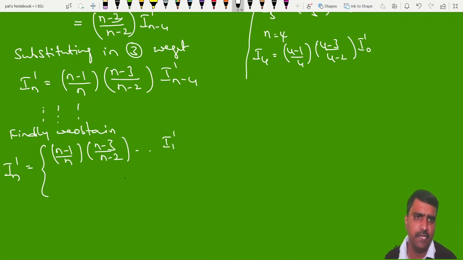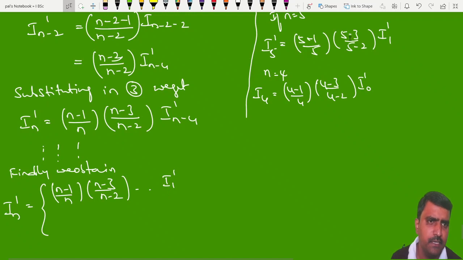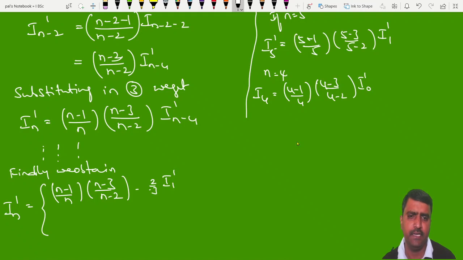And what is that last value? Look here: 5 minus 3 means 2, 5 minus 2 means 3, so that is 2 by 3 into I1 dash.